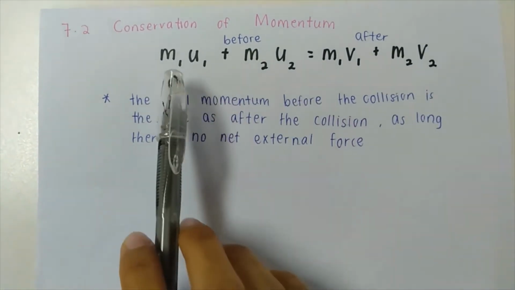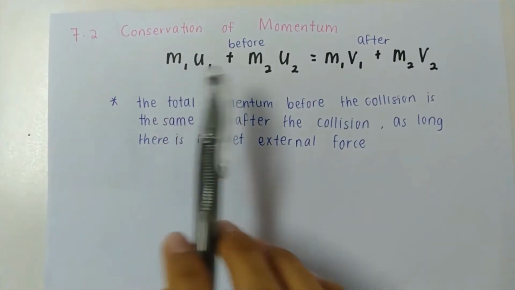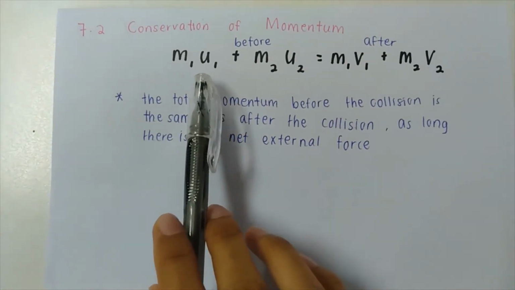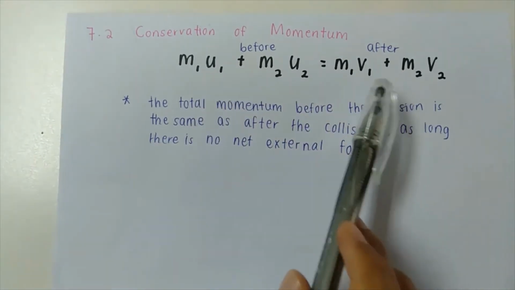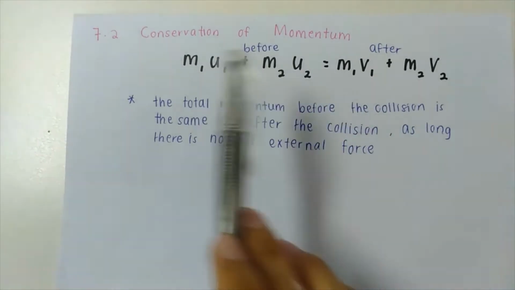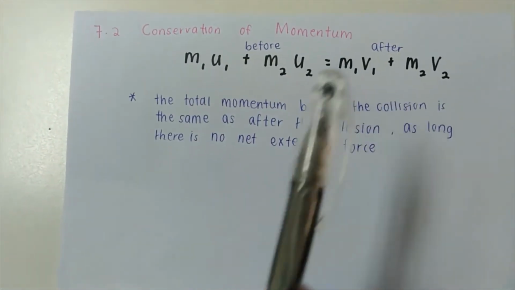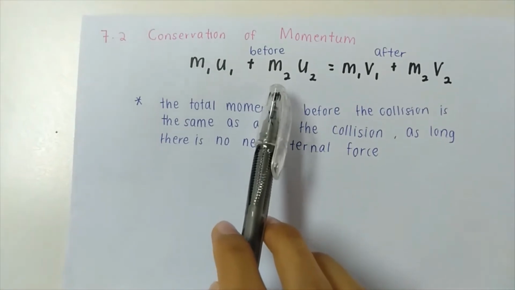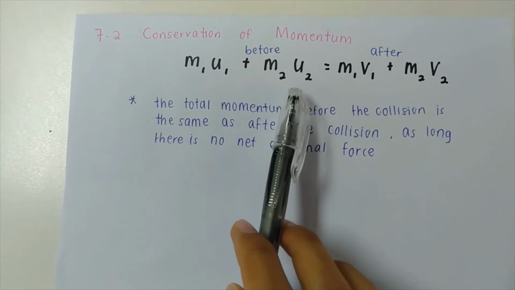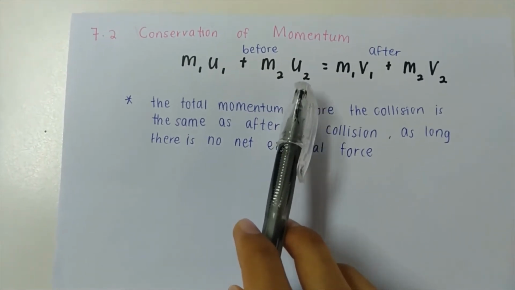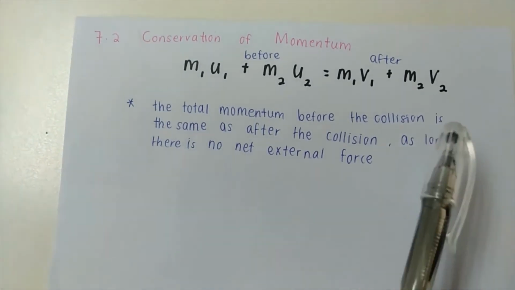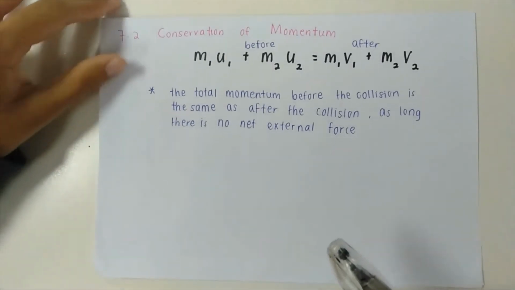Let me tell you, m1 here is the mass for the first object, and u1 is the initial velocity for the first object, and v1 is the final velocity for the first object, and it follows by m2, which is the mass of the second object. u2 is the initial velocity of the second object, and v2 is the final velocity of the second object. To understand more, let's do a question.